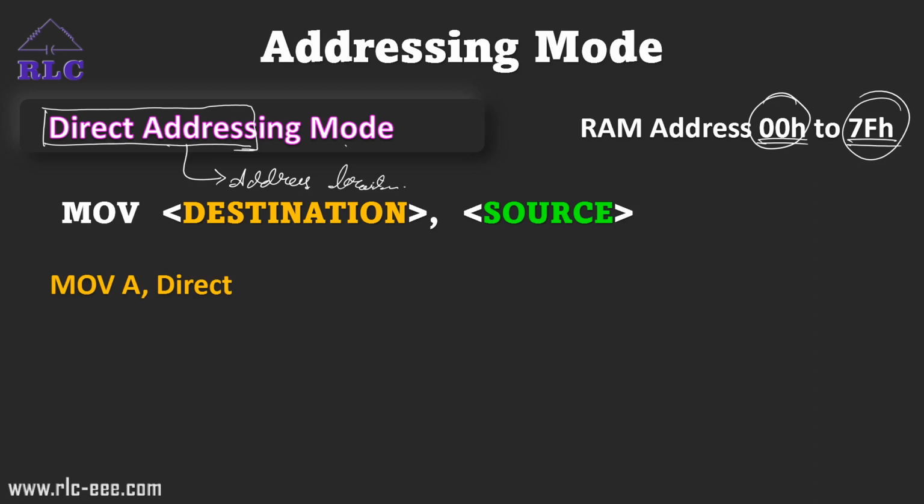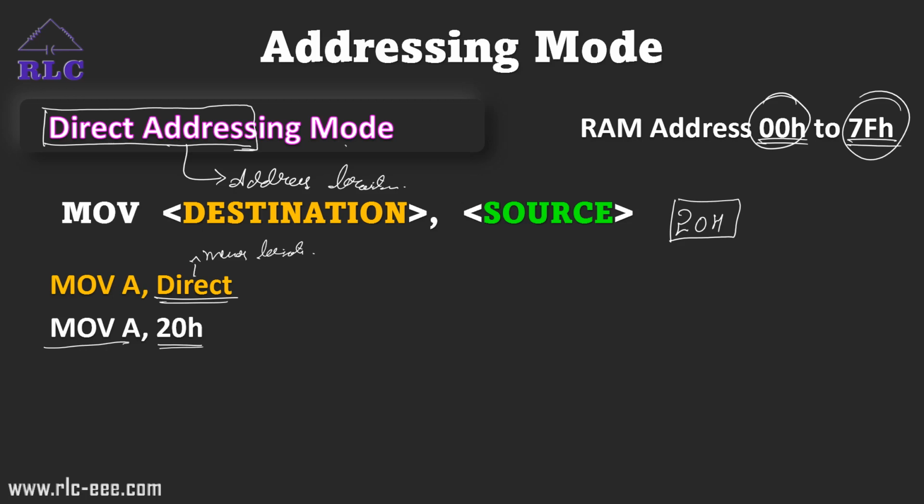So here MOV A, direct. This direct means this is a memory location. So here MOV A, 20H. Whatever is there in the memory location 20H.